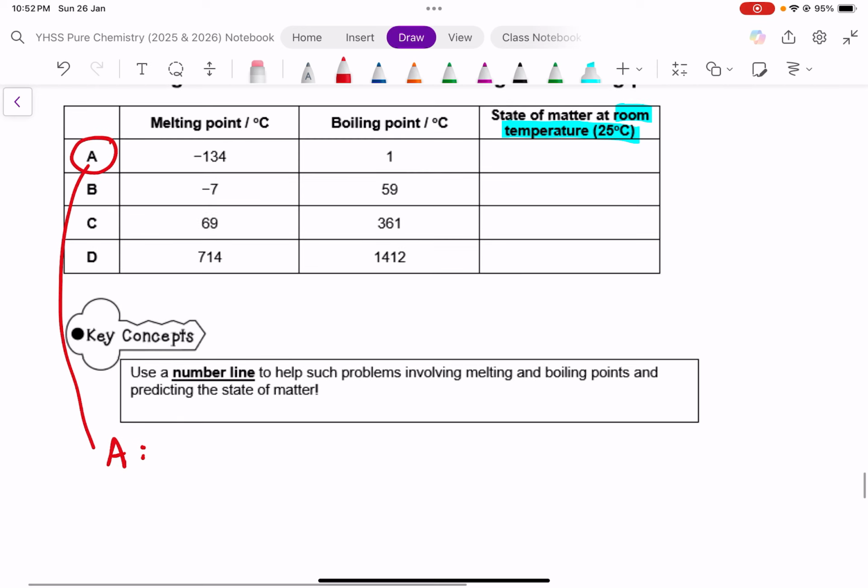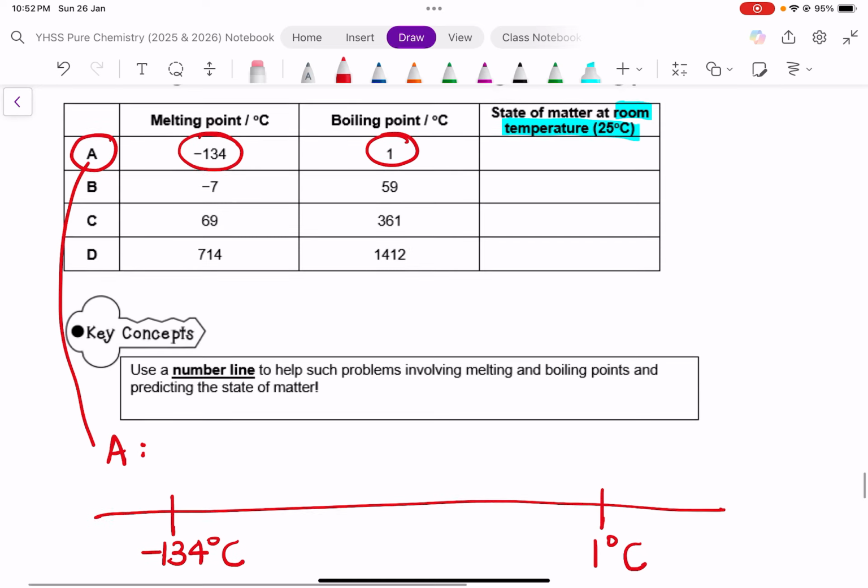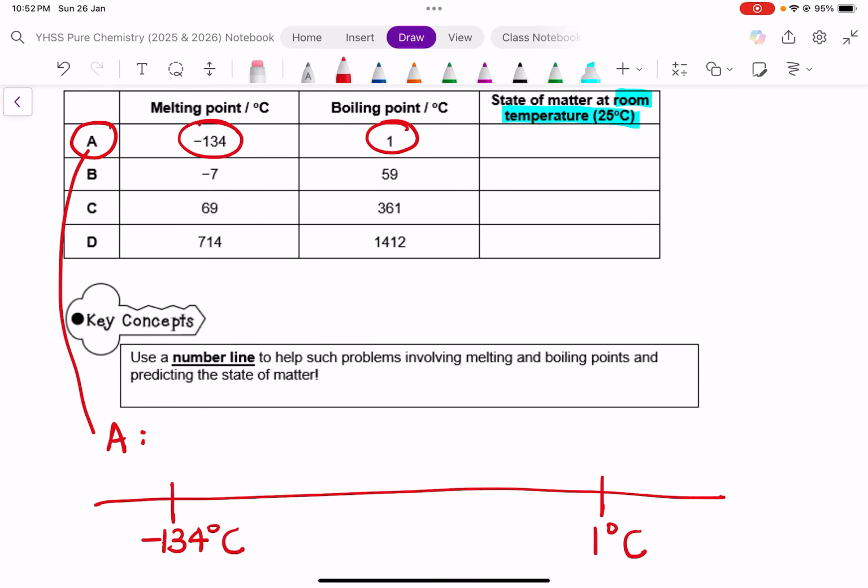You are told that substance A has a melting point of minus 134 degrees Celsius and a boiling point of 1 degree Celsius. What I would first do is mark out the boiling point and melting points. Melting point, minus 134, boiling point, 1.